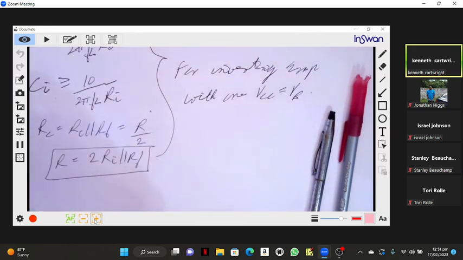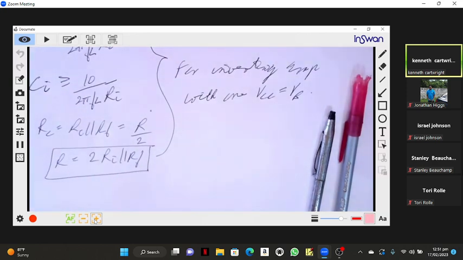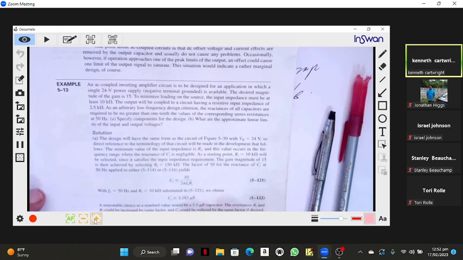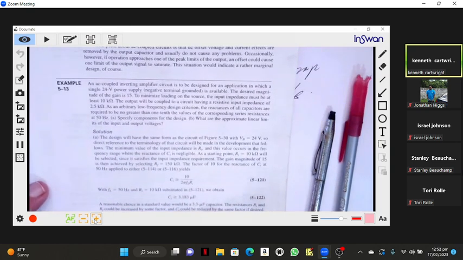Let's do an example now. An AC coupled inverting amplifier circuit is to be designed for an application in which a single 24-volt power supply is used. The negative terminal would be grounded.